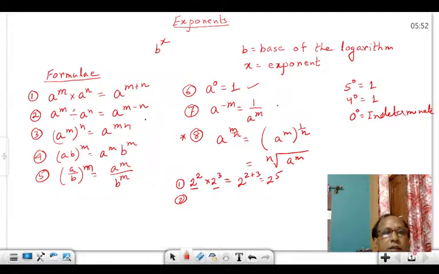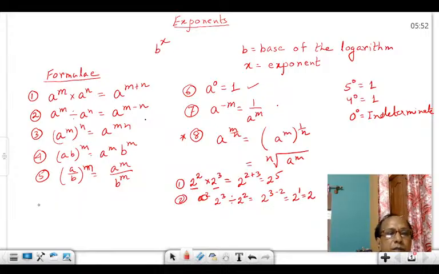And if it is 2 to the power 3 divided by 2 to the power 2, then it will be subtracted, 2 to the power 3 minus 2, that is 2 to the power 1, or 2 to the 1 means 2, right?